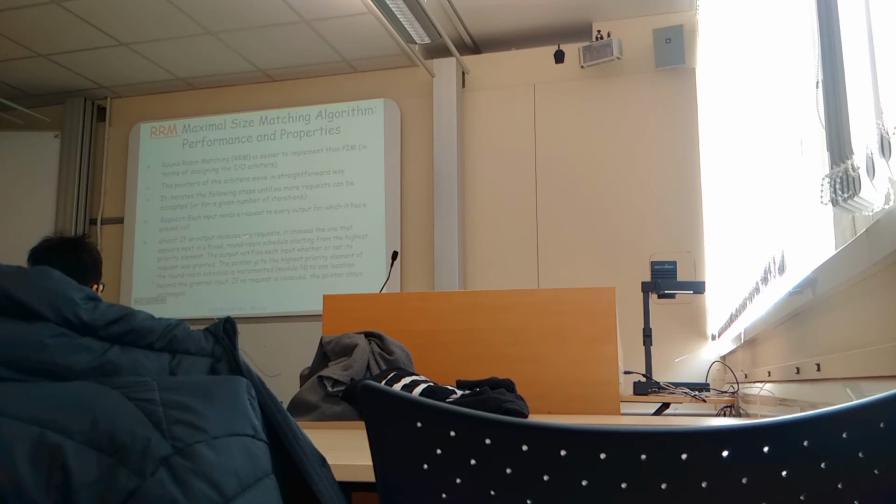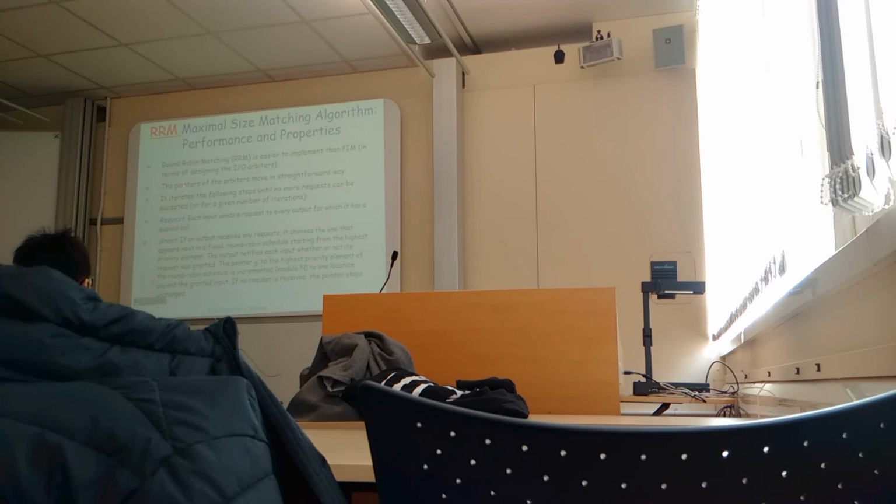Basically, it's exactly PIM, except instead of picking randomly, remember that the grant arbiters pick randomly? And the accept arbiters pick randomly too? This one says, no, I'm not going to pick randomly. I will pick in a round-robin fashion. Each time I pick one, like a watch. So today I pick this one, next time I start from this one, and they turn over. Clear?